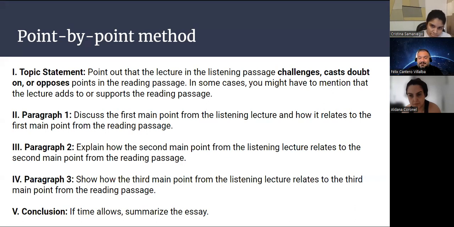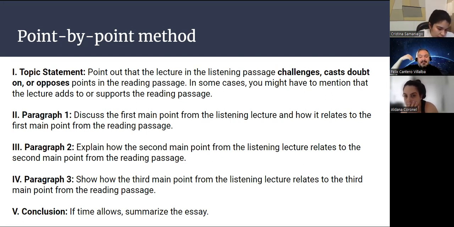Yes, no? Yes, teacher. Okay. Aldana, understand the task? So what you have to write is the first one or two sentences, that is the topic statement. So you write, the reading passage explains blah, blah, blah, or presents blah, blah, blah, like a one-sentence summary.